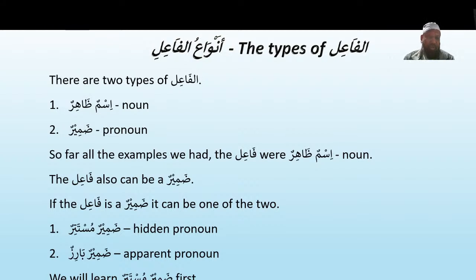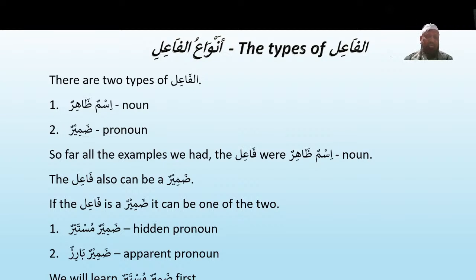Let's move on. If the fa'il is a damir, it can be one of the two. Number 1, damirun mustatirun, hidden damir. Number 2, damirun barizun, apparent damir, visible damir.